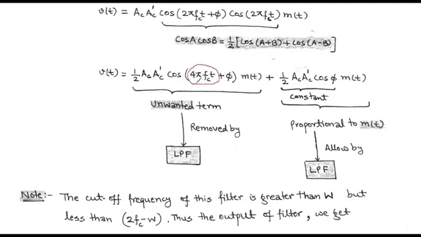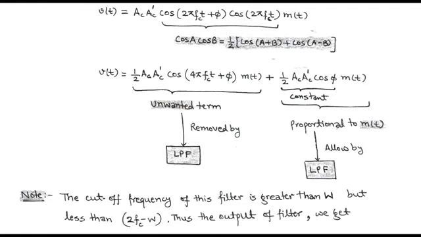So this is an unwanted term and this is removed with the help of low pass filter. While the second term consists of a constant, that is 1 upon 2 into AC dash into AC cos phi. This is a constant multiplied by a message signal.